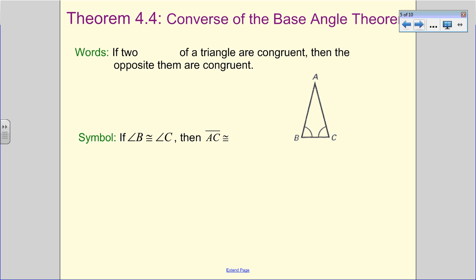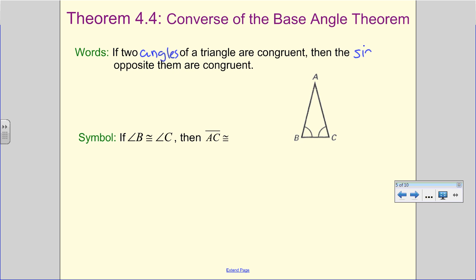All right, now we're going to go back and talk about the converse of the base angles theorem. Remember, we talked about converses a little bit, where you kind of switch your if and your then. So if two angles of a triangle are congruent, then the sides opposite them are congruent.